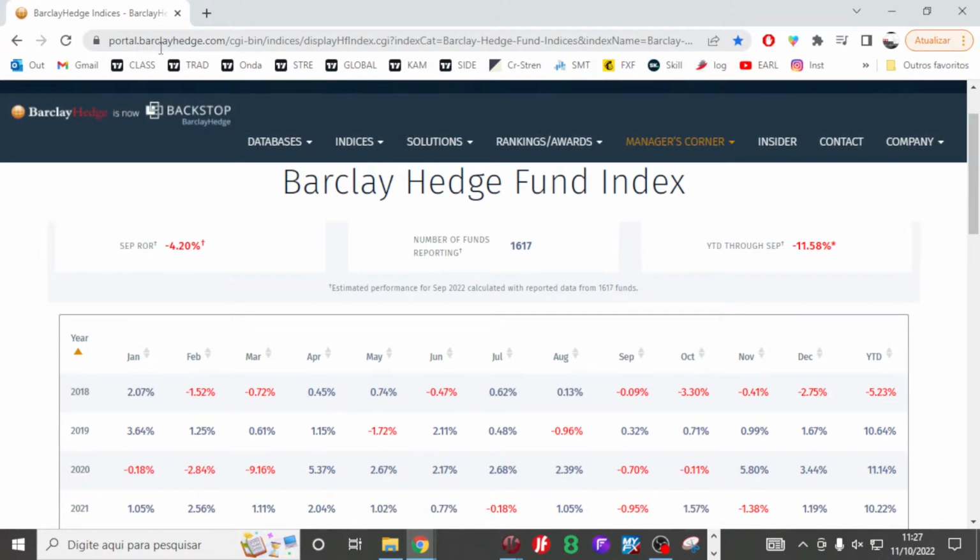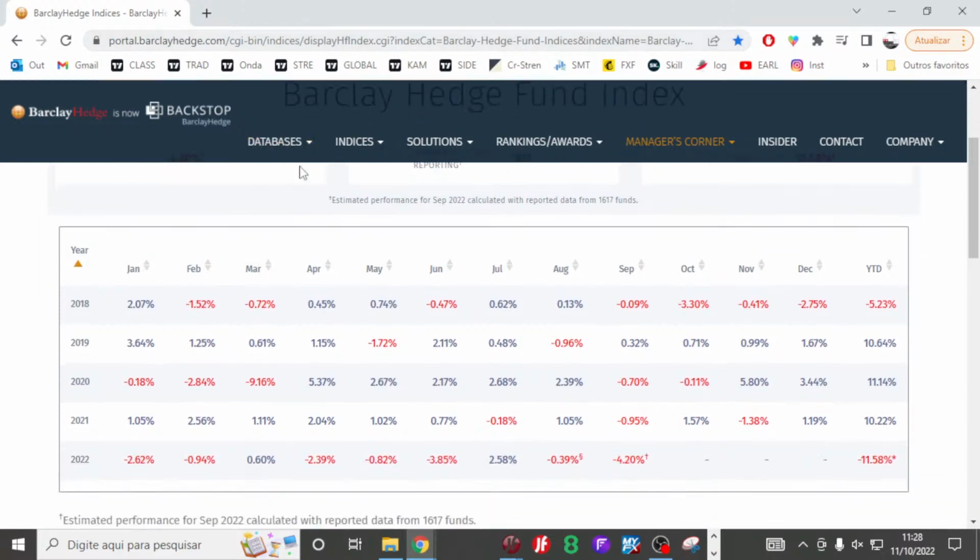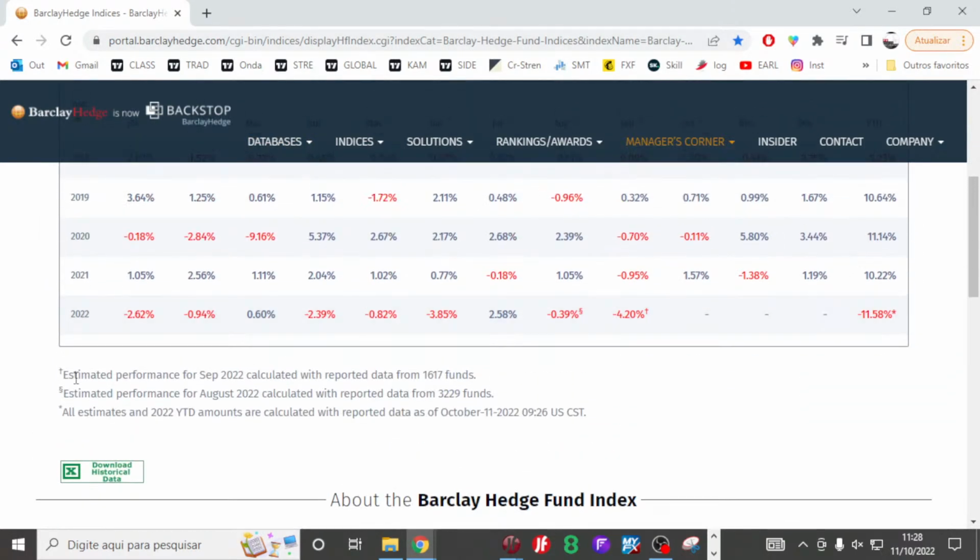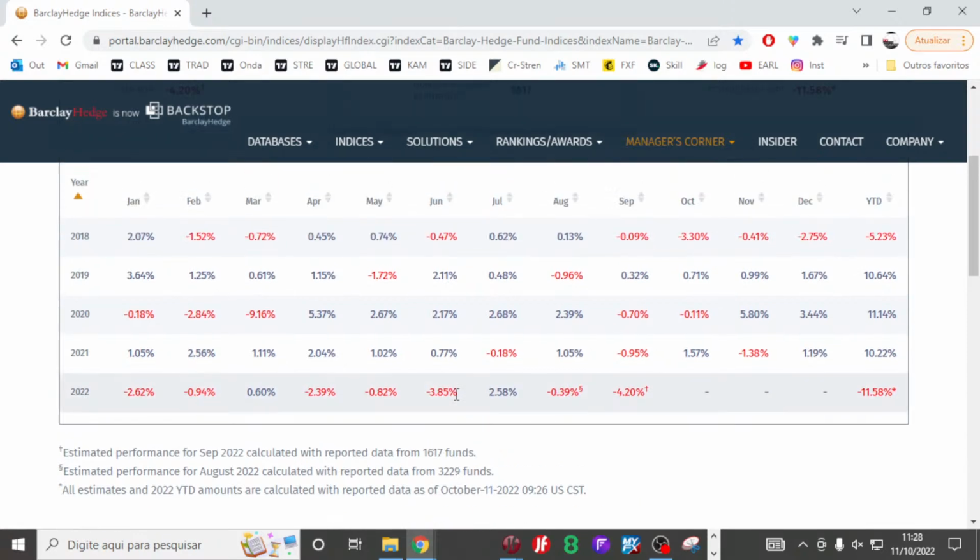This is the web page, called portal.berkeleyhedge.com, estimated performance for September 20 calculated with reported data. You are looking at the results. This is not all over the world, this is just Barclays. You are looking at the results of 1,617 funds.